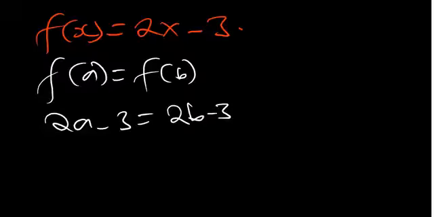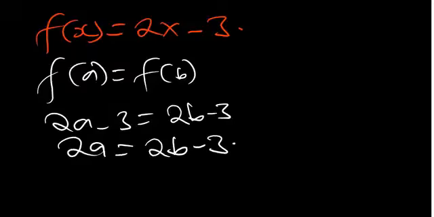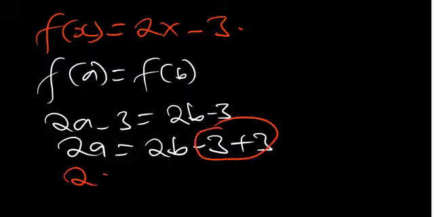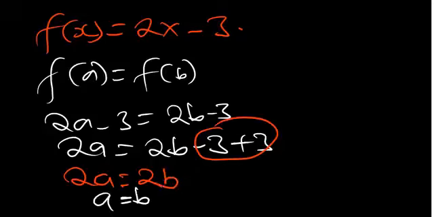So what I'm going to do, I'm going to shift this to the right hand side. Then I'm going to have 2a is going to be equal to 2b minus 3 plus 3. So these two are going to give me 0. Okay, therefore I'm going to have 2a is equal to 2b. So I can divide both sides by 2. I can see that a is going to be equal to b. So therefore this function is one-to-one since a is equal to b.